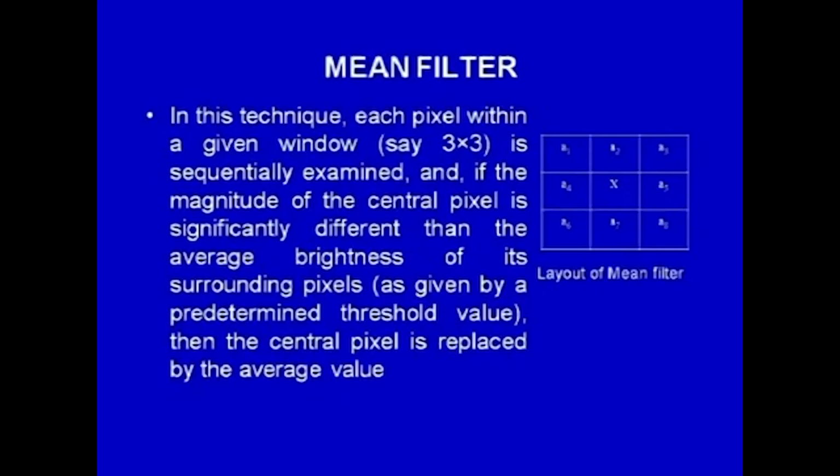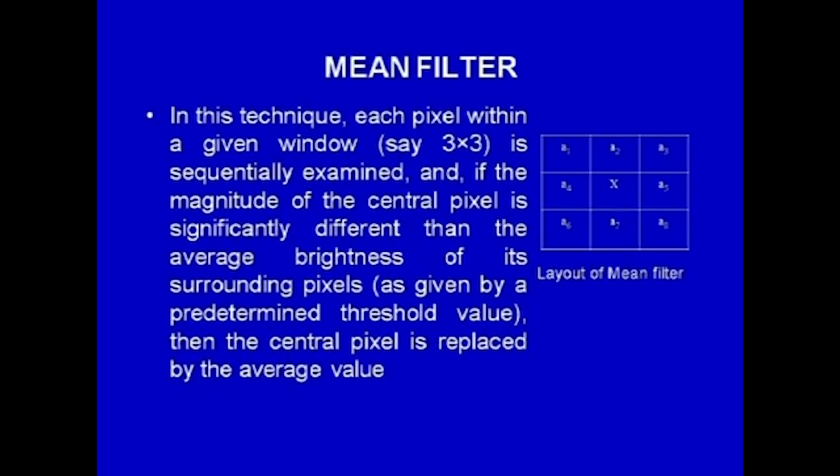Mean filter. In this technique, each pixel within a given window, say 3 by 3, is sequentially examined, and if the magnitude of the central pixel is significantly different than the average brightness of its surrounding pixels as given by a predetermined threshold value, then the central pixel is replaced by the average value.